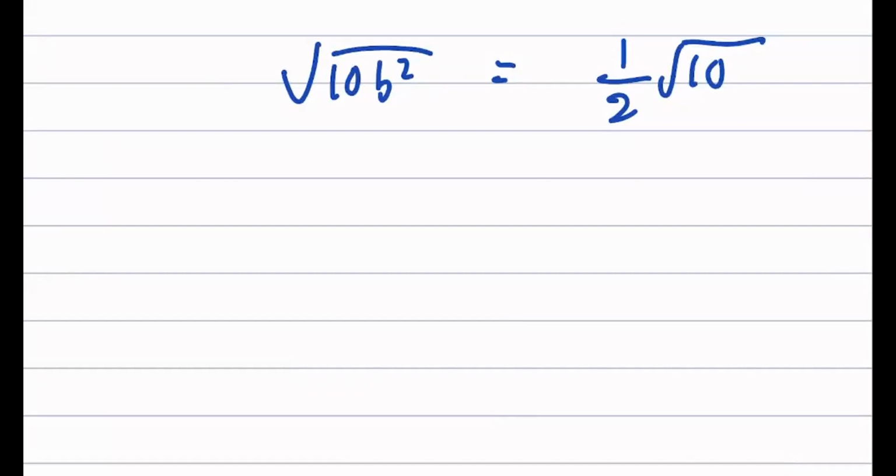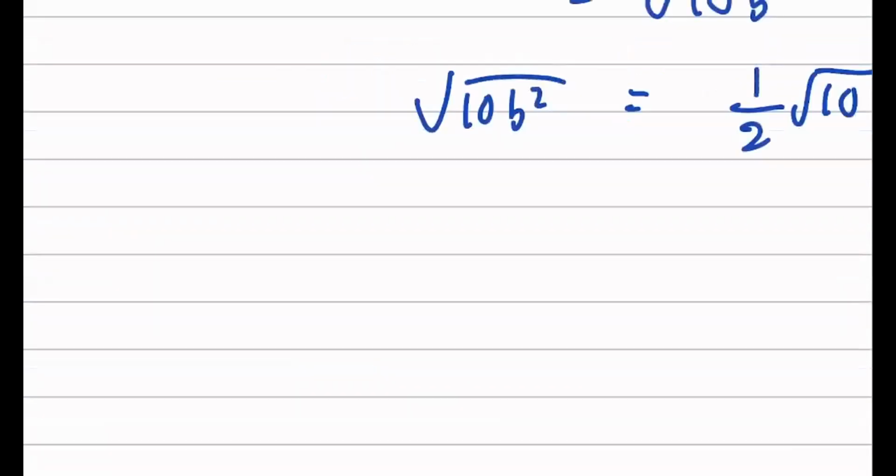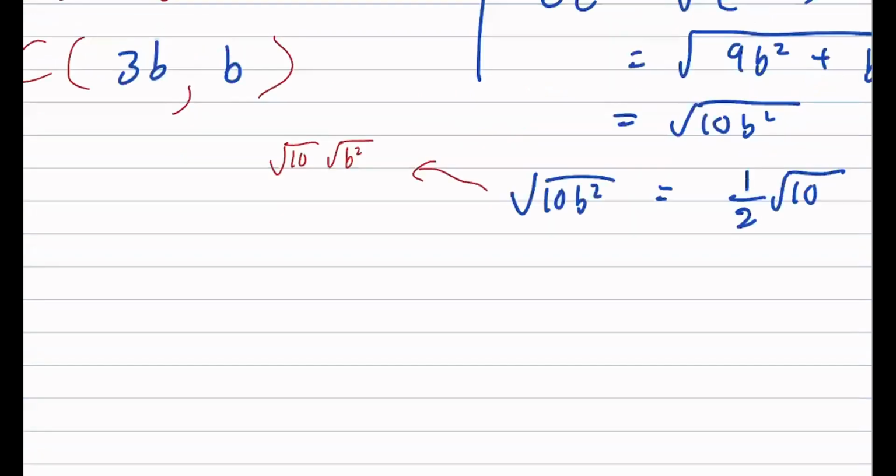Here, if what you did was the following, let me show you. You split square root of 10b squared into square root 10 times square root b squared. Then you say the square root and square cancel off, leaving b. You are wrong. Do you know why? By definition, the square root of b squared is actually the modulus of b.